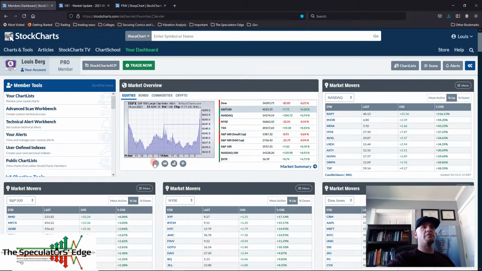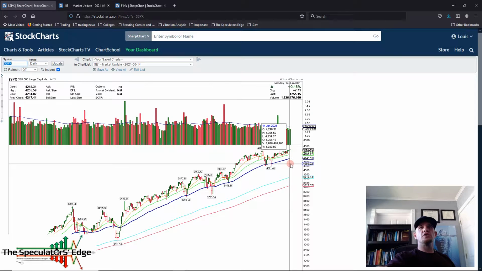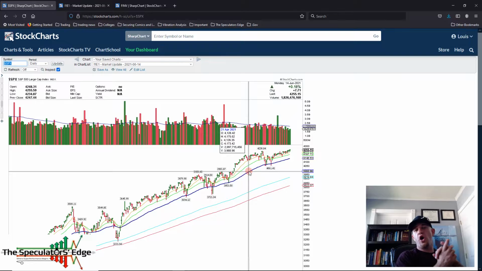So let's go look at the S&P 500. I know the S&P 500 had a decent day. It made a new all-time high today, which is good. Not great accumulation, but we did have a mediocre accumulation day, so there was more buying in stocks than there was selling.